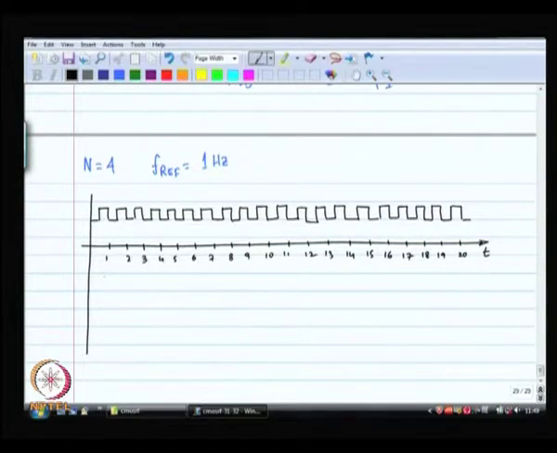All right. Now, let us say that initially the VCO output is at 1 by 3 hertz.